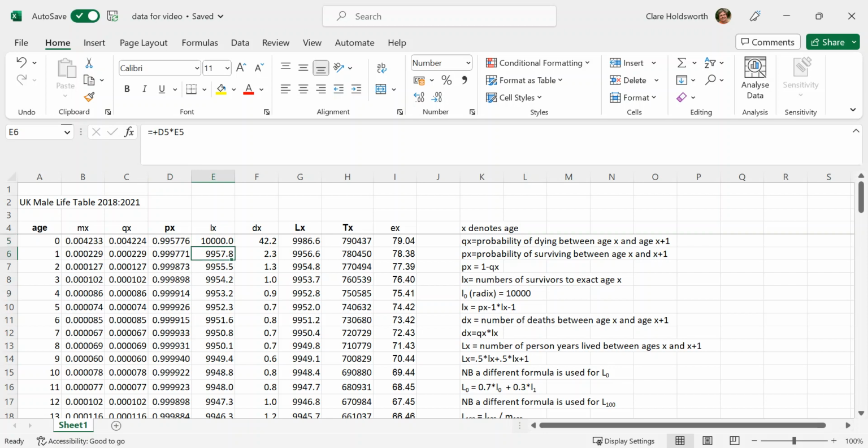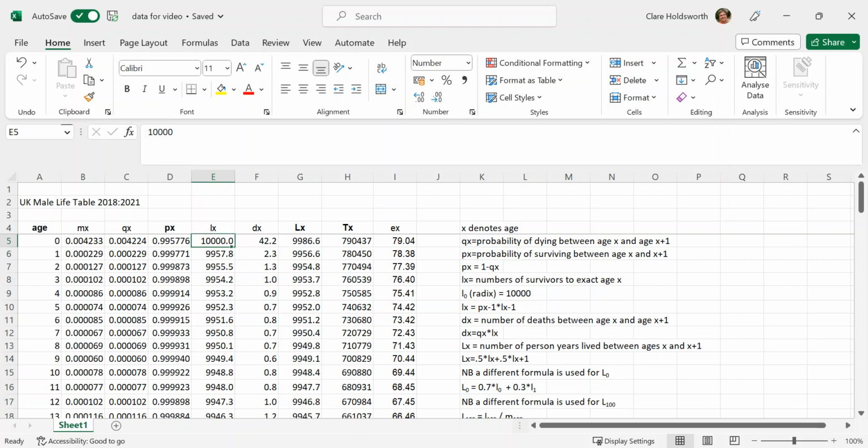So if we look at the formula here, we can see that the cell E6, the value of L1, is calculated by multiplying the cell D5, that's P0, by the cell E5, that's L0.